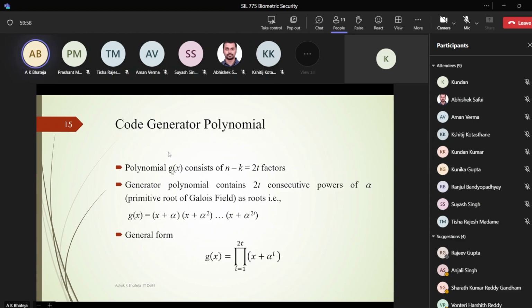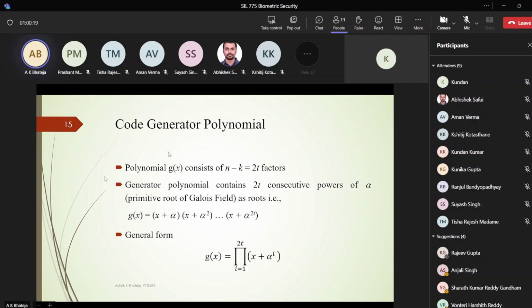So we have discussed the encoding scheme. For encoding, one polynomial is required, that we are calling g(x). The degree of this polynomial is 2t, and it is a product of these 2t factors.